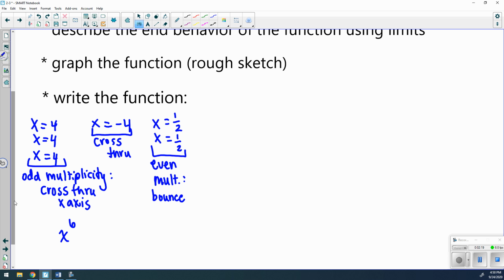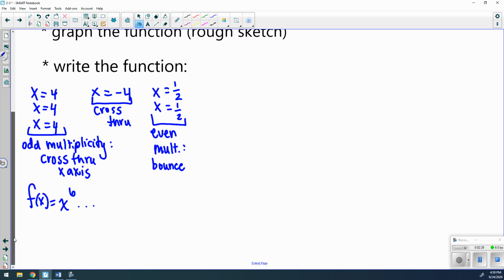What this means is that our function will look like f of x is equal to x to the 6th power, and so on and so forth. Well, what we know about an even degree is that it has the same end behavior. So what is the limit of the function as x approaches -infinity? What is the limit of the function as x approaches +infinity?